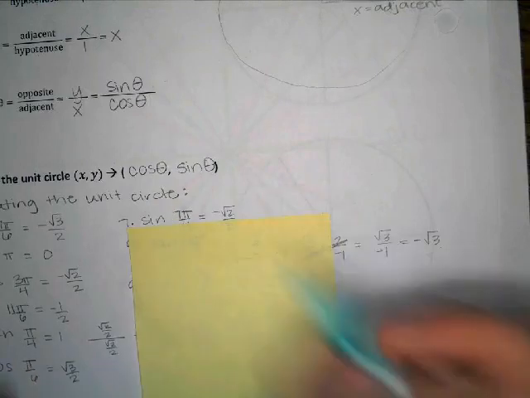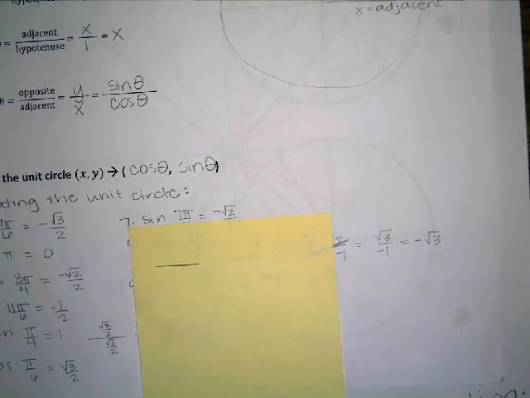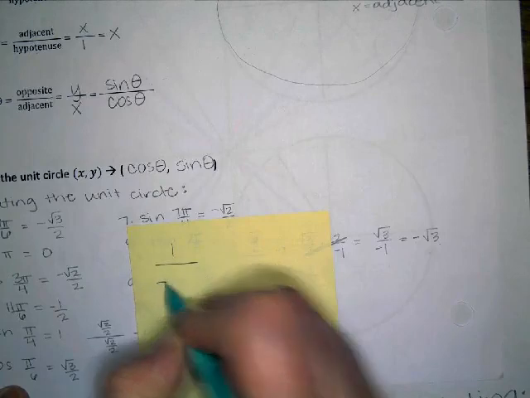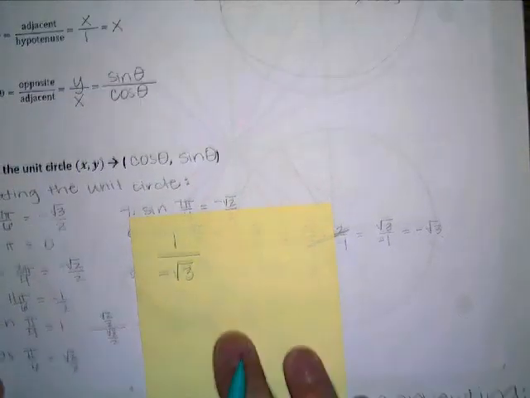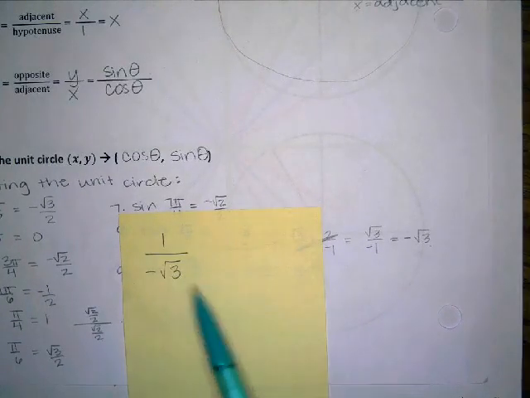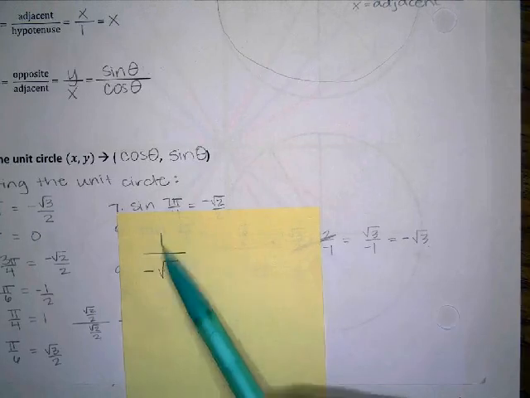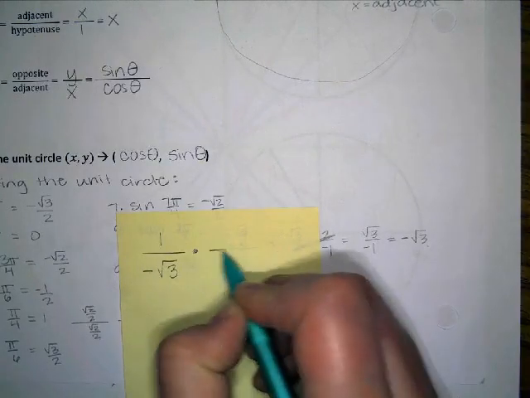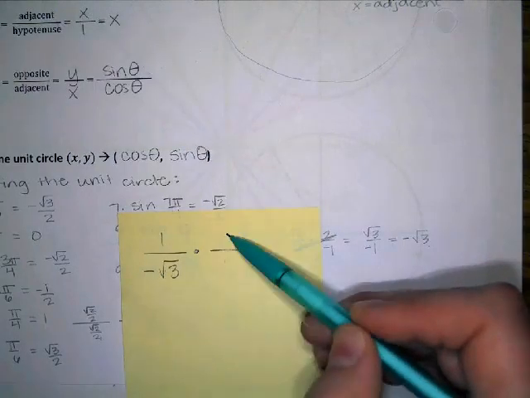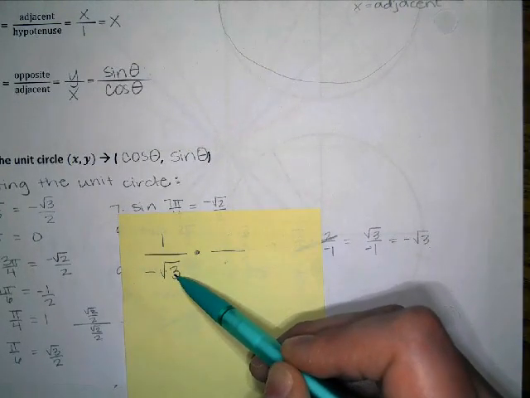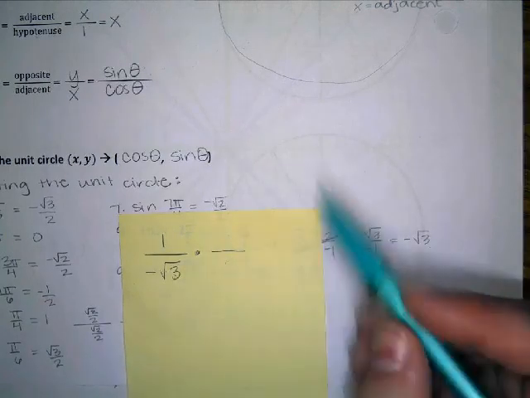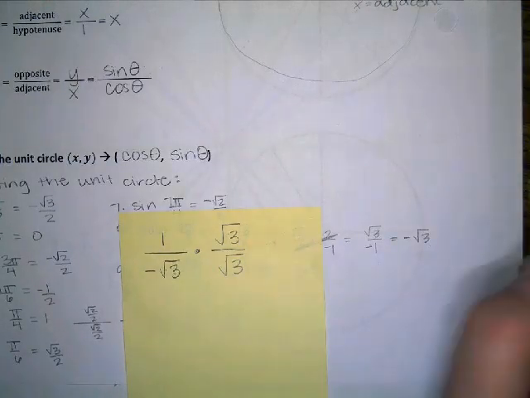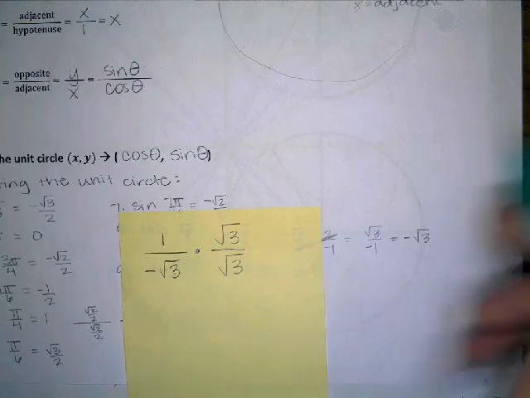What's the y? 1. And then what's the x? Negative root 3. And we're ignoring the denominators. Now, back in Math 2, we learned that it's not proper to leave a radical on the bottom of the problem. So we would have multiplied by a fraction, something over something, so that it didn't have a radical on the bottom. We would have multiplied it by root 3 on the top and root 3 on the bottom. We also did this when we were doing the unit circle the other day, when we fixed the root 2's. So what do we get on the top? We get just root 3.